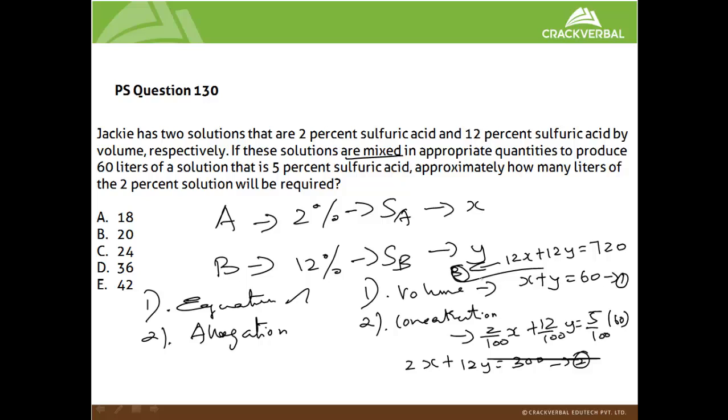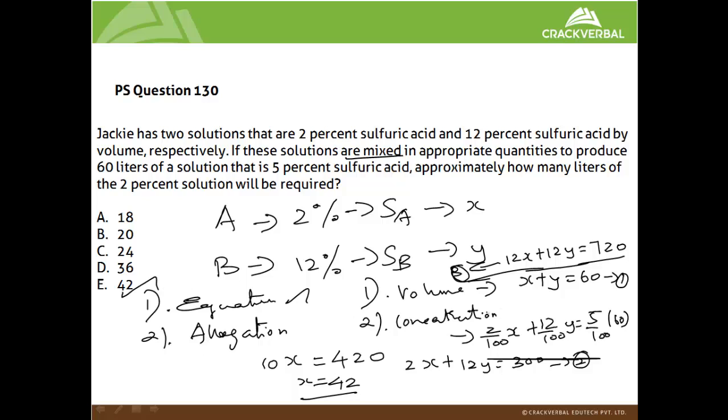Let's call this equation 3 and subtract the other equation from it. So 12x minus 2x gives 10x, 12y minus 12y is 0, equal to 720 minus 300, which is 420. So x will be equal to 42. That's it, the answer has to be E, 42.